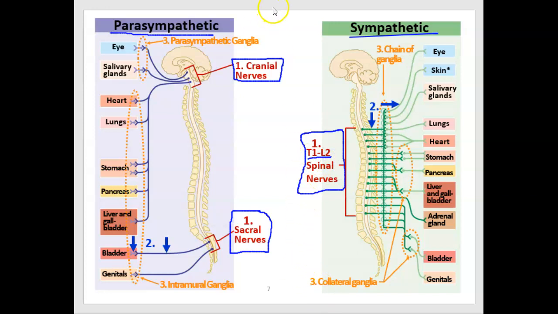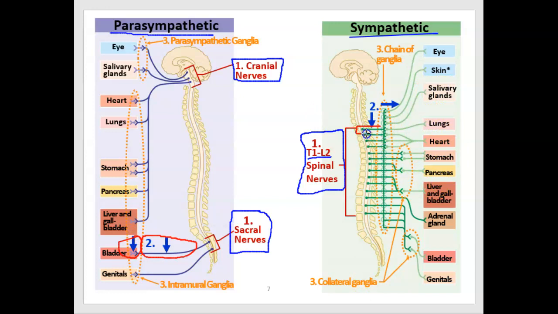So that's one thing. The next thing that we talked about was the neurons and how long or short they are. So there are always two neurons, and in the parasympathetic nervous system, the first neuron is long, the second neuron is short. But in the sympathetic nervous system, it's the opposite.